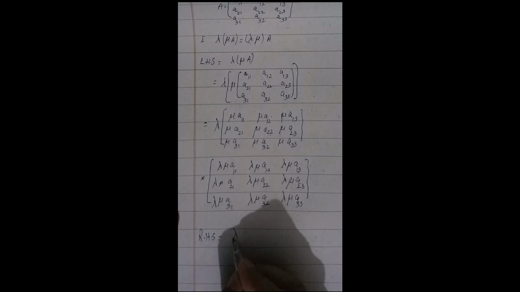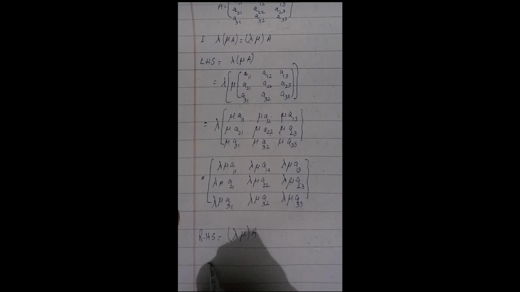And now the right hand side is equal to lambda mu bracket and the A matrix. On the right side, lambda and mu, the two scalar values, are there in the bracket.